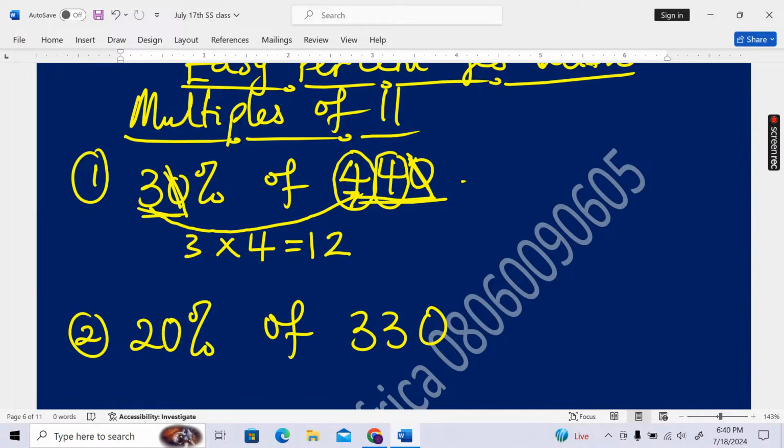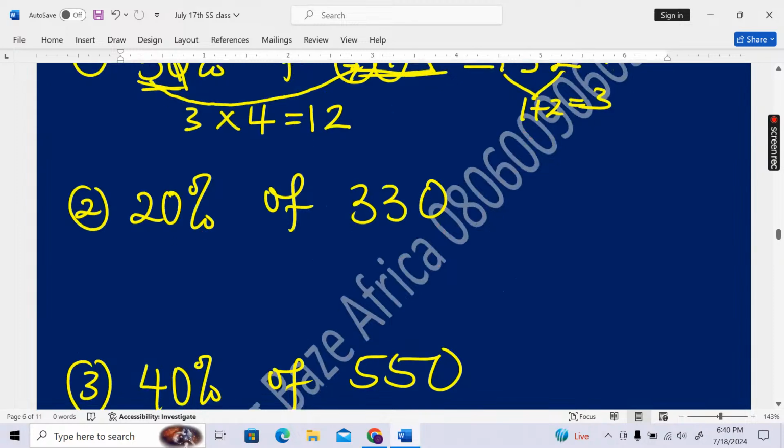So what will be the answer of 30% of 440? I will write 12, giving a space in between. Then I'll add 1 and 2 together. 1 plus 2 is equal to 3. So 3 will be written at the middle. So the answer is 132.